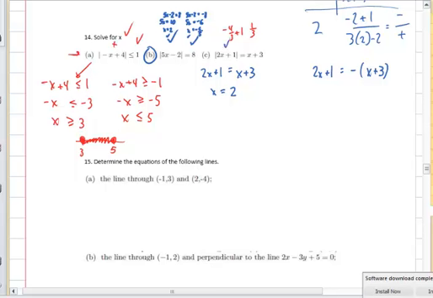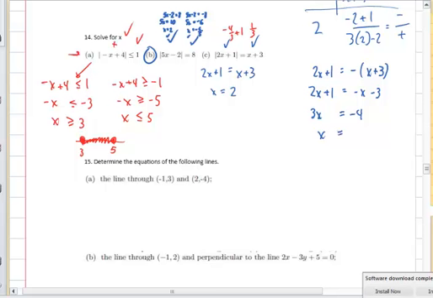If we check that, you plug 2 into here, you get 5, and you plug 2 into the other side, you get 5, so that checks. On the next one, we get a bit of a fractional answer, so we have 2x plus 1 equals negative x minus 3. Distribute the negative, add x over, you get 3x. Subtract 1 from both sides, you get negative 4.